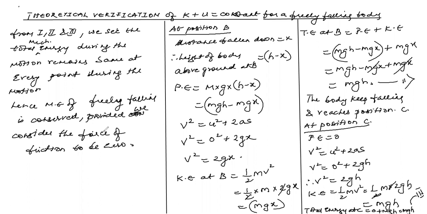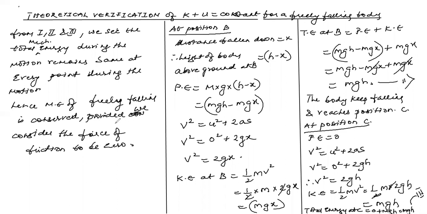The moment we throw a body up with a hand, the maximum energy we have imparted to the body is the kinetic energy. As the body travels up, the kinetic energy keeps on reducing. It's not getting lost, it is getting converted into potential energy.